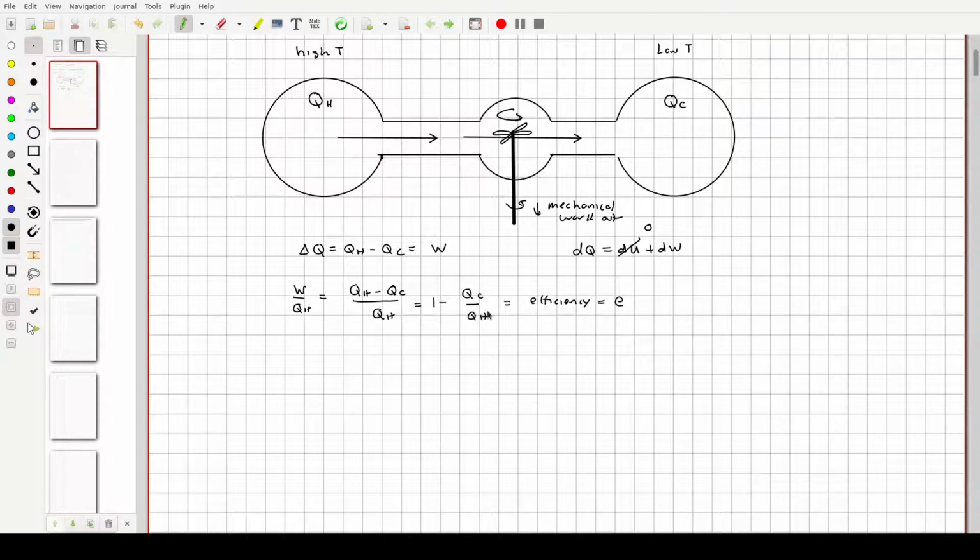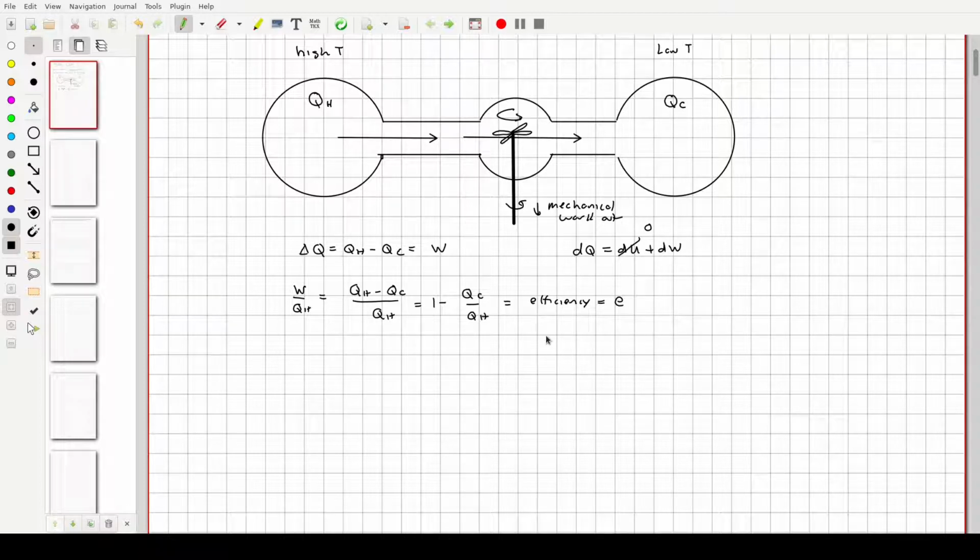So just to show you, this would be 100% efficient if QC here were zero. If there was some way in which we could dump all of the energy here over here, you would have 100% of the energy being transferred. Your efficiency would be 100%, because that would require that QC over here be zero.